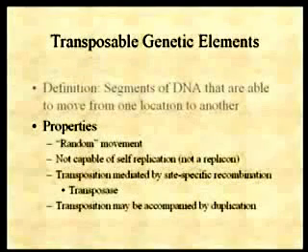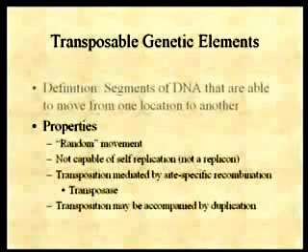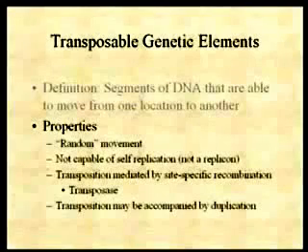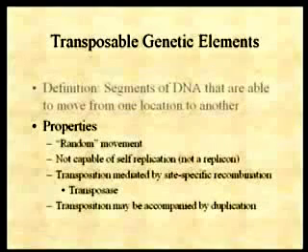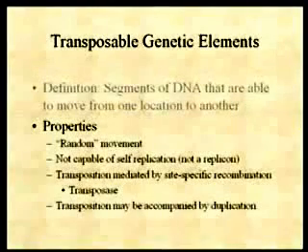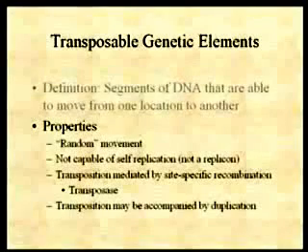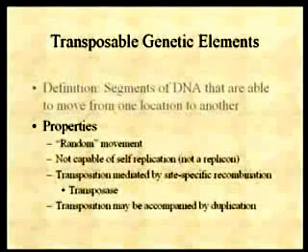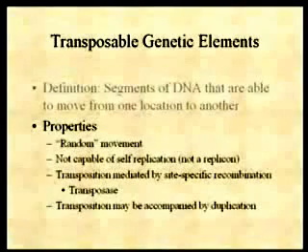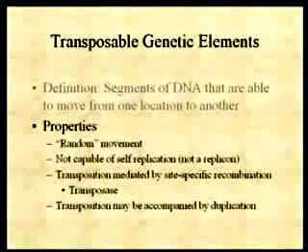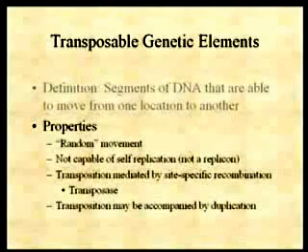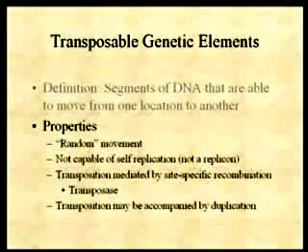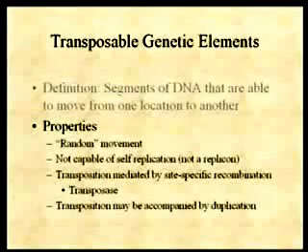Now, these elements also have a site-specific recombination event. When they move around, they do so by recombination, but it's not by homologous recombination, so they don't use those REC genes. They have their own site-specific recombination system, which is referred to as a transposase. Now, when they do transpose and move from one location to another, they sometimes copy themselves so that they remain at the original location and also get put into another location.